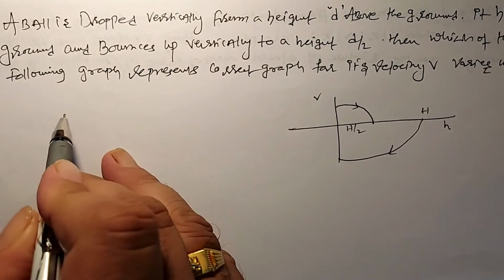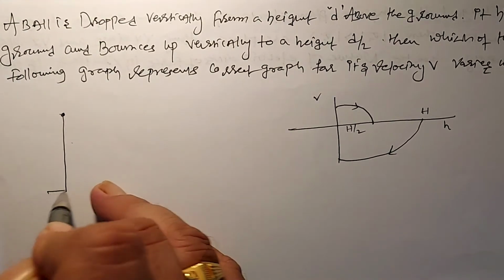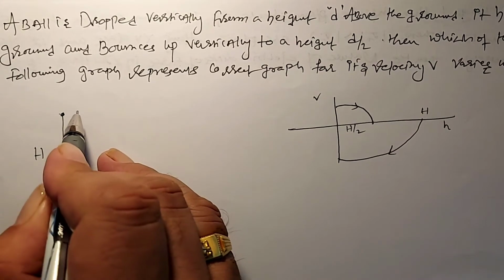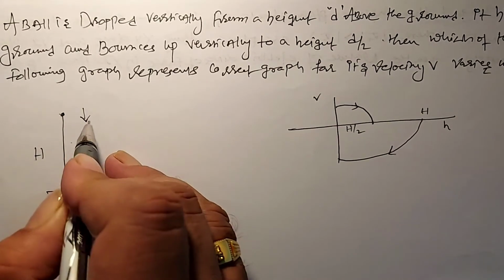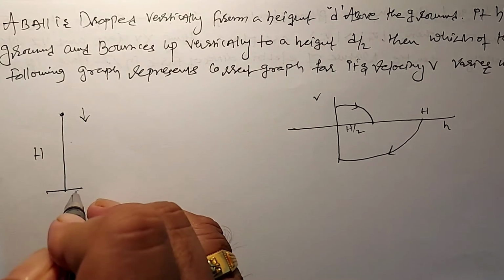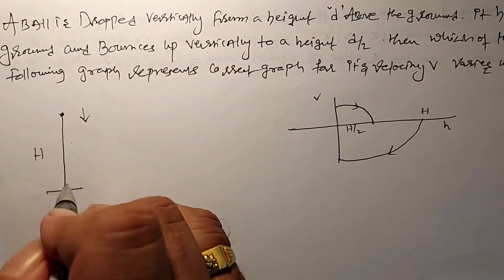Whenever the ball is dropped from height h, what happens? Its velocity increases gradually as it approaches the ground. That means its velocity gradually increases in the negative direction.